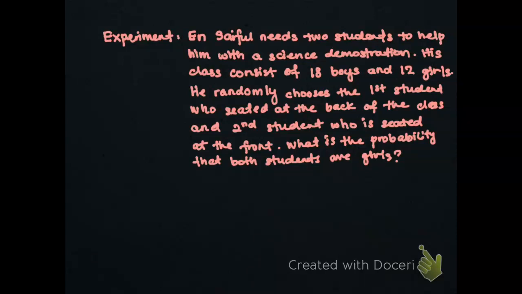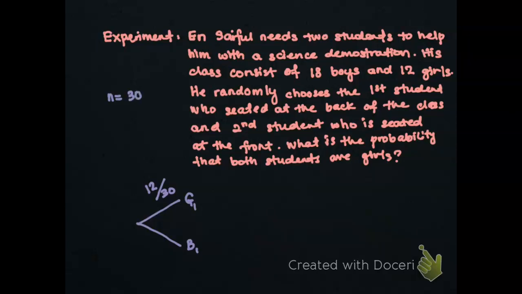So let's say the first branch represents girl 1 and boy 1. Why is 1 here? Because this represents the first event. So how many girls do we have here? We have 12 girls out of 30 students. 18 plus 12, your total students will be 30.